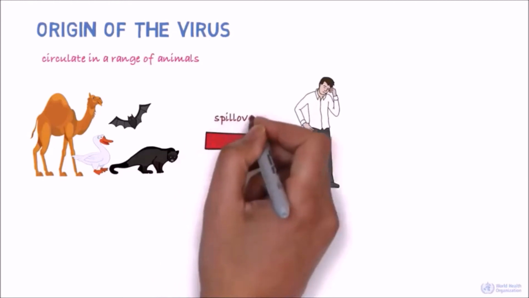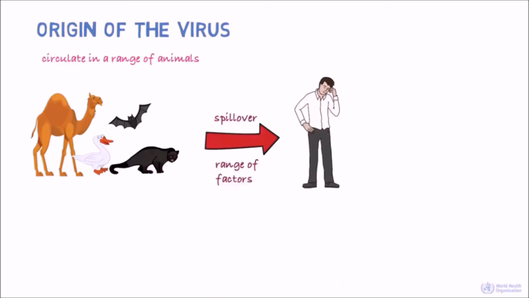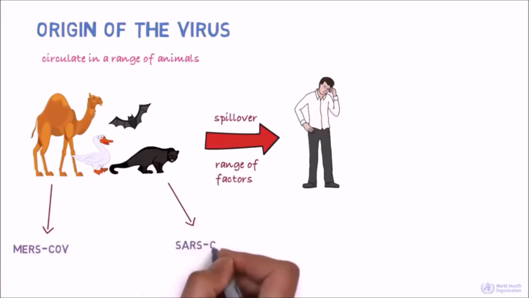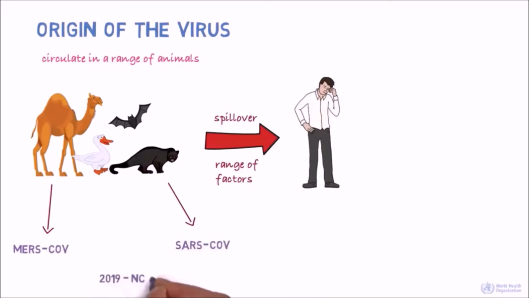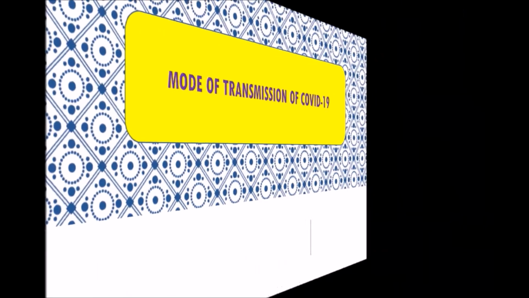This is called a spillover and could be due to a range of factors such as mutations in the virus or increased contact between humans and animals. For example, MERS-CoV is known to be transmitted from camels and SARS-CoV from civet cats. The animal reservoir of the 2019 novel coronavirus is not known yet.